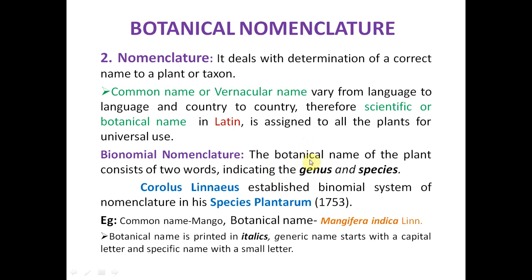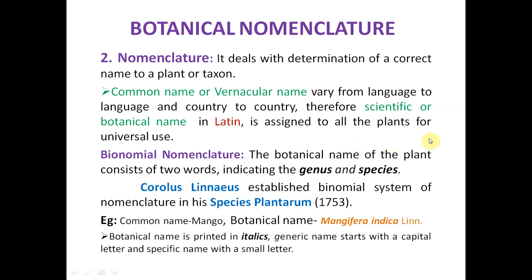In different areas, that plant is called by different common names, also called vernacular names. So there will be a lot of confusion when we go with the common name or vernacular name.